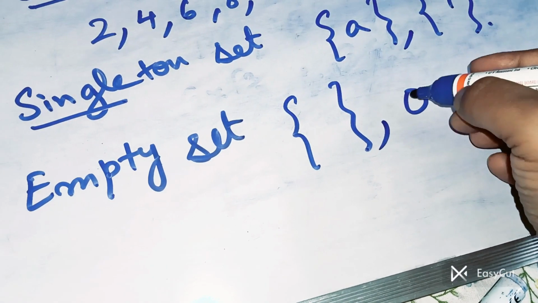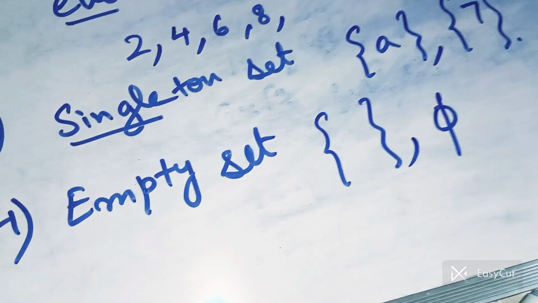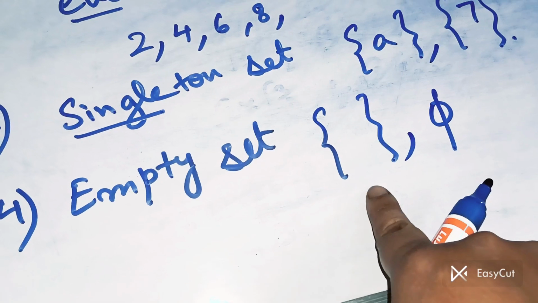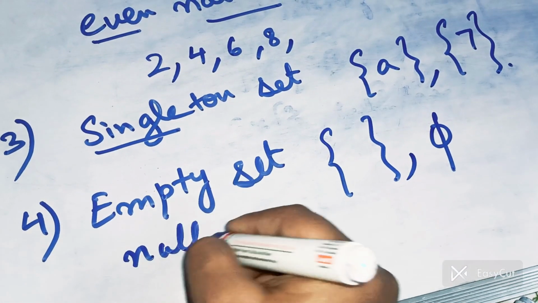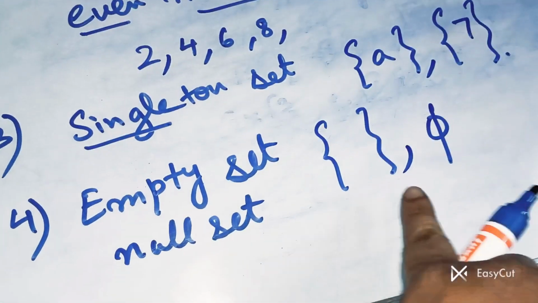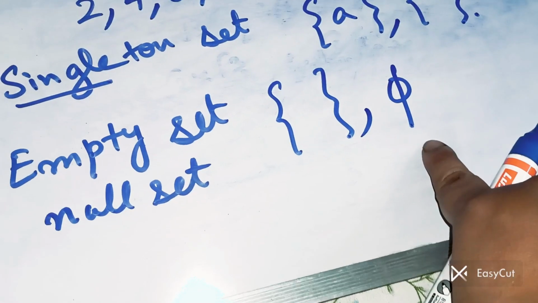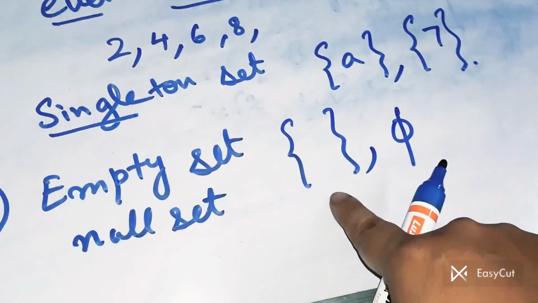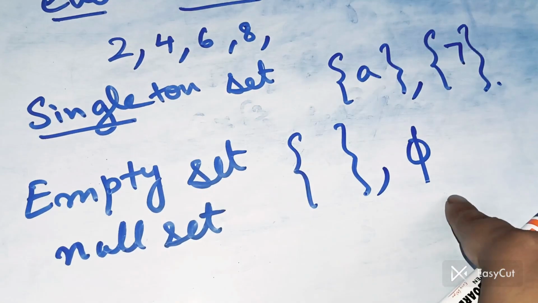This is called phi. So an empty set, a set that contains no members or elements, is called the empty set. It is also called the null set. This symbol is called phi. So we represent the empty set either with curly brackets without any elements inside, or with phi.